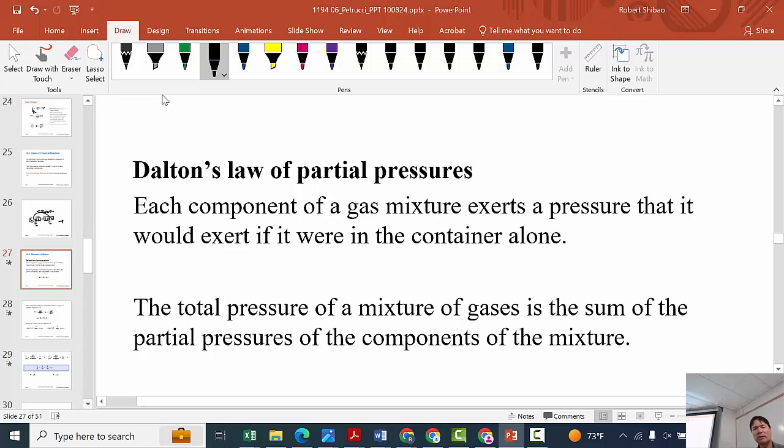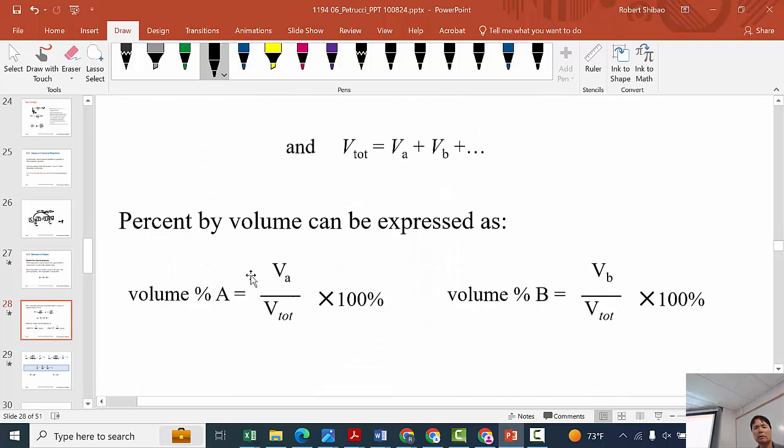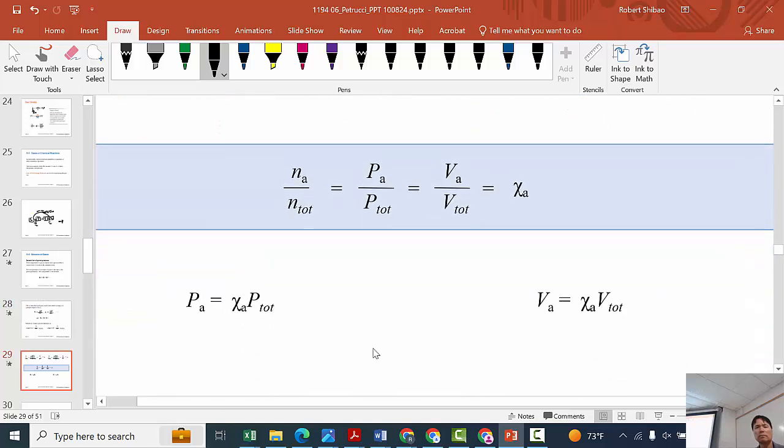So when I deal with gas mixtures, I usually look at this. This is called the mole fraction, and the mole fraction is always valid.